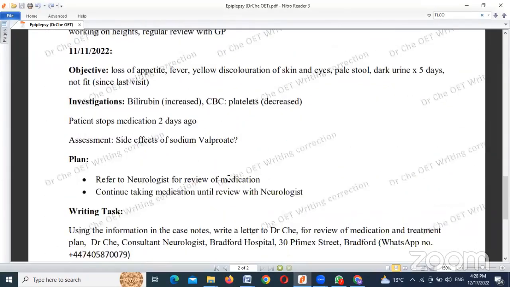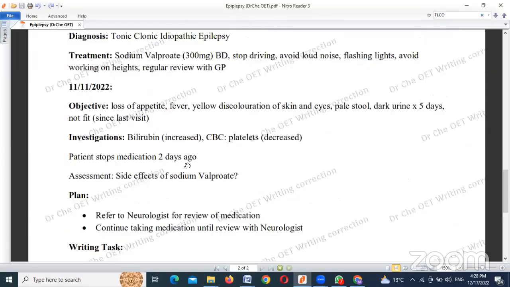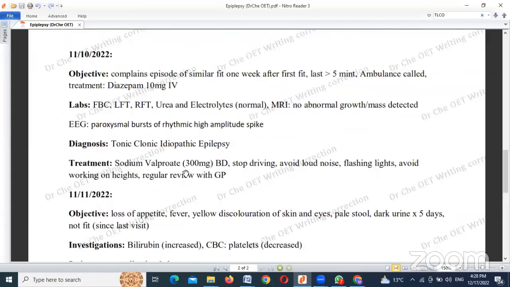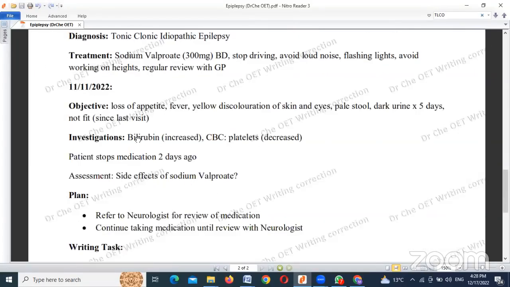Now we have the third visit. The patient today came with loss of appetite, fever, yellow discoloration of skin and eyes, pale stool, and dark urine for 5 days, and no fit since the last visit. Investigations: bilirubin is increased, CBC platelets are decreased.